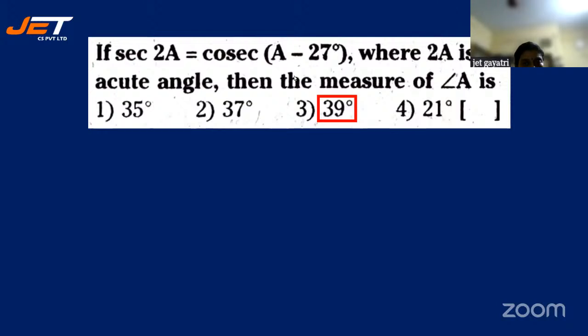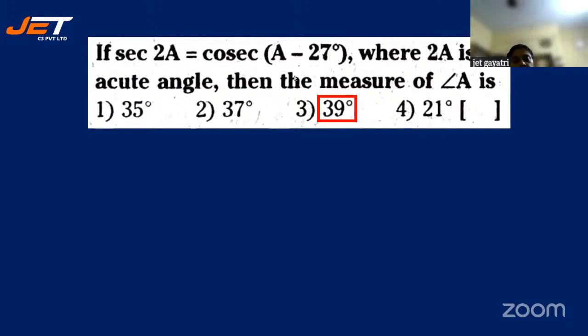All right, students. So again, let me repeat the question. If secant 2a is equal to cosecant of a minus 27 degree, where 2a is an acute angle, then the measure of angle A is dash. Is it 35 degree? Is it 37 degree? Is it 39 degree? Or is it 21 degree?